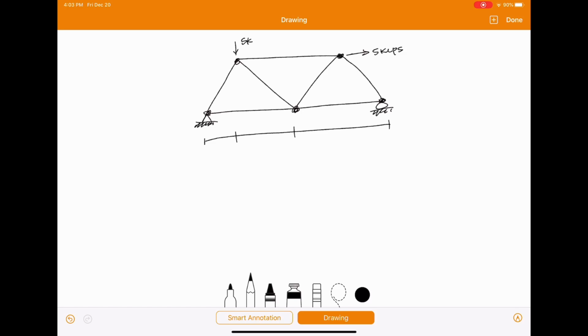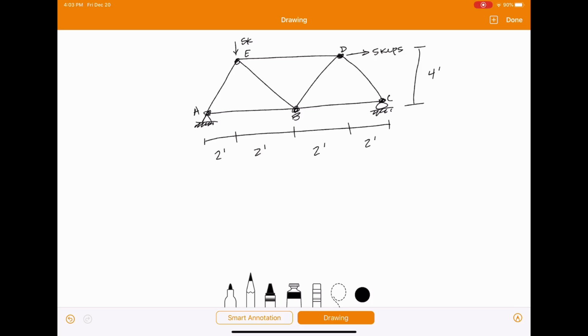We'll just say these are 2 feet each. And we'll just say the height of the truss is 4 feet. All right, and then we'll go ahead and label these A, B, C, D, E.